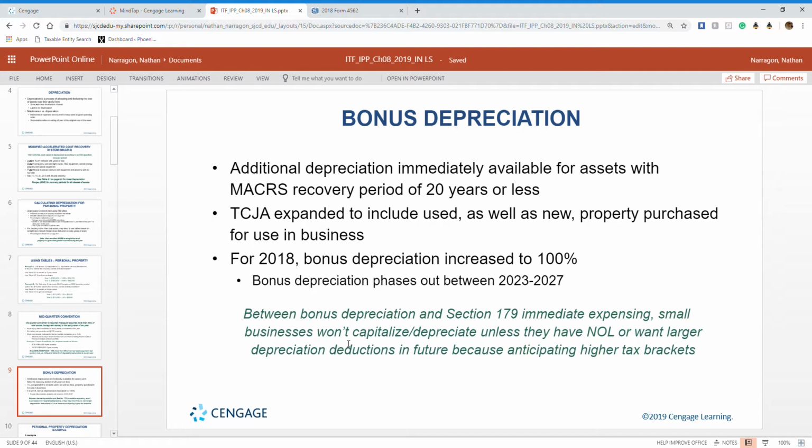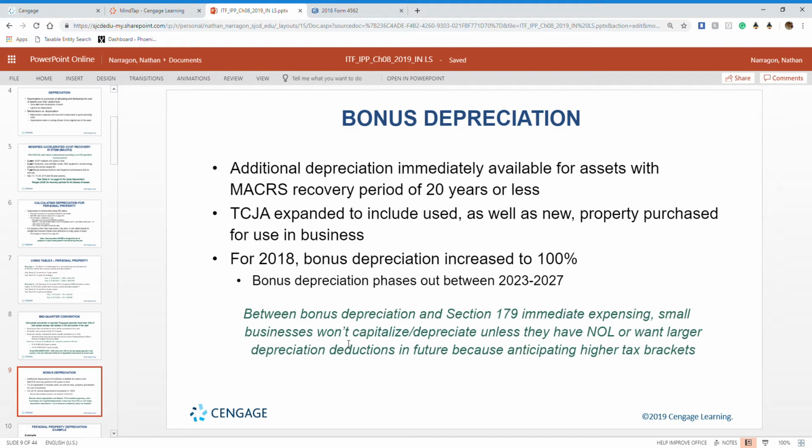But it also did this, which is equally cool. Starting in 2018, bonus depreciation has increased to 100%. Means we can take it all now in the current year on our tax return. And this blew people's minds. I'll tell you that.